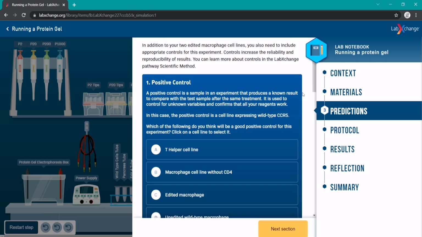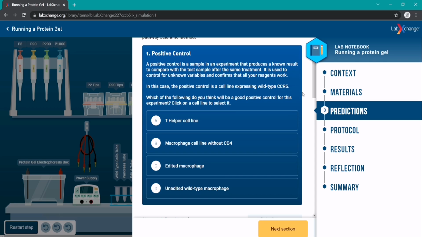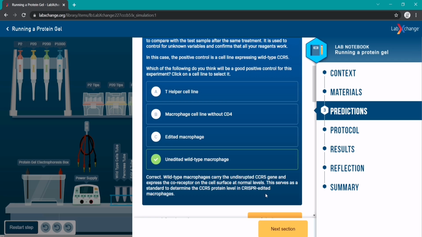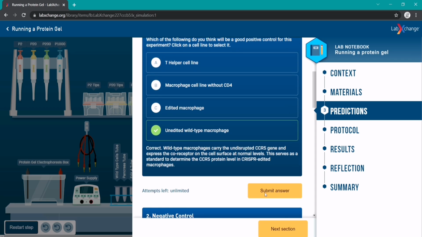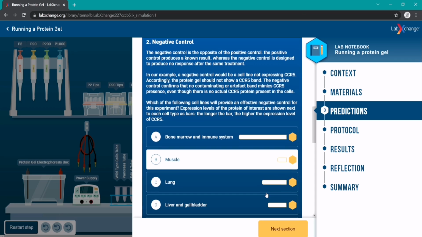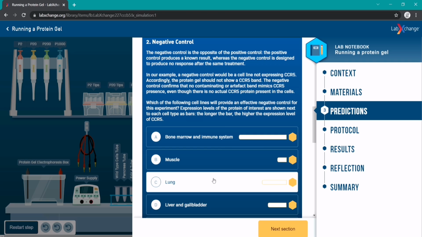Let's see the positive control. Which of the following do you think will be a good positive control for this experiment? Then let's see the negative control.